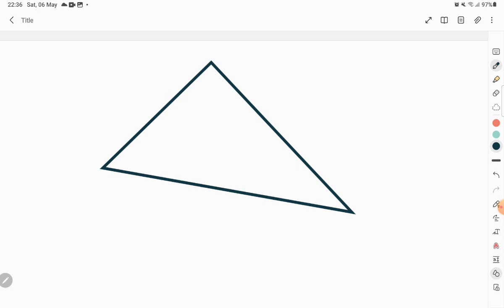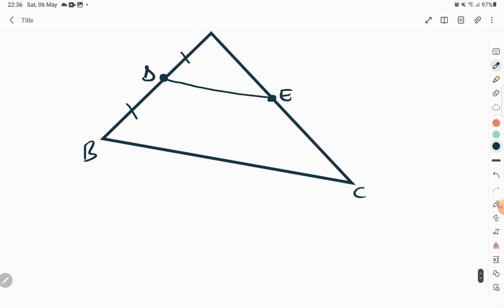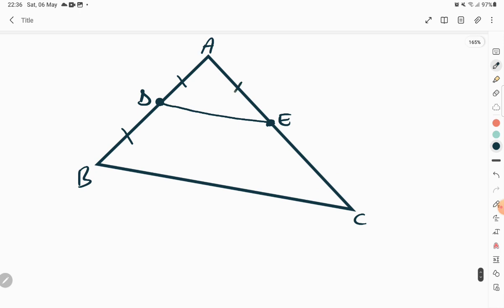Let's have triangle ABC, and we have this point D and point E over there. D is found to be in the middle of AB, so that makes D the midpoint. And this DE is joined this way, bisecting the third side.